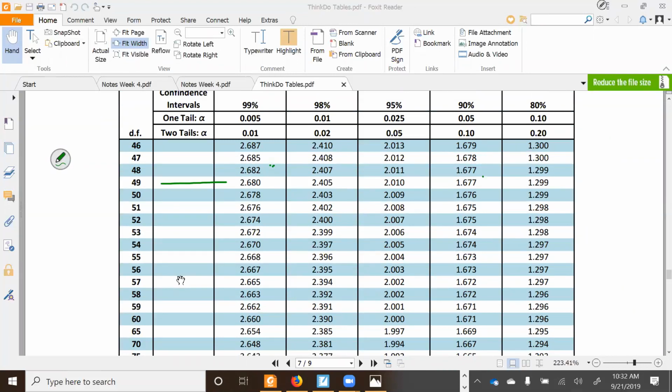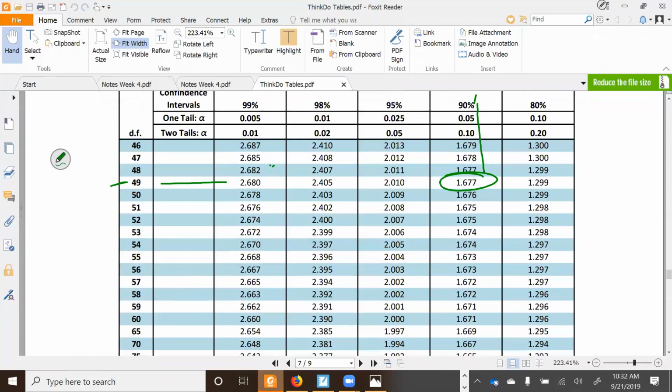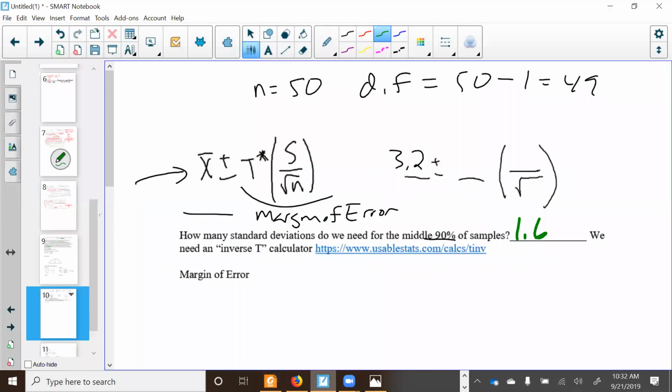So right there is my critical value of T, 1.677. You see how I did that? The degrees of freedom is right there, and I chose my level of confidence. So that's the T star, that critical value of T, 1.677.